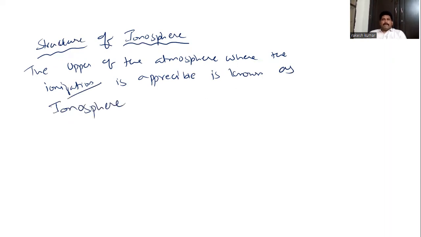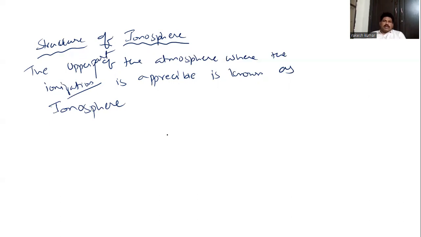What is meant by ionization? Ionization means either gaining an electron or losing an electron. That is called ionization. So the upper part of the atmosphere where the ionization is appreciable is known as the ionosphere.